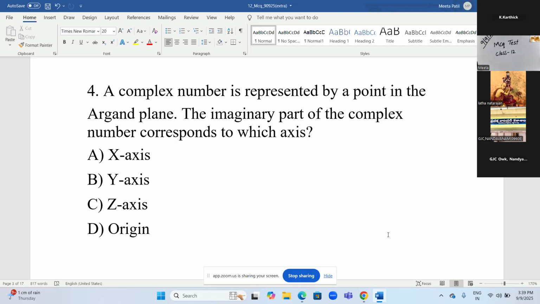The imaginary part of the complex number corresponds to which axis? The options are A: x-axis, B: y-axis, C: z-axis, and D: origin. Once again, I will repeat the question, with the same options.